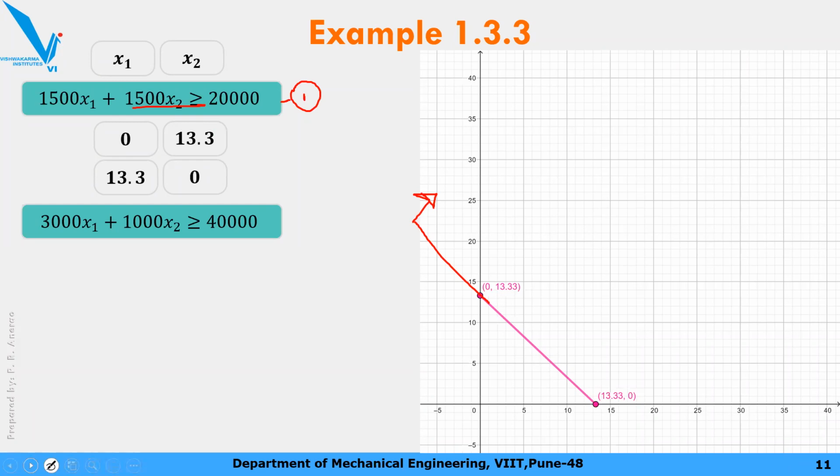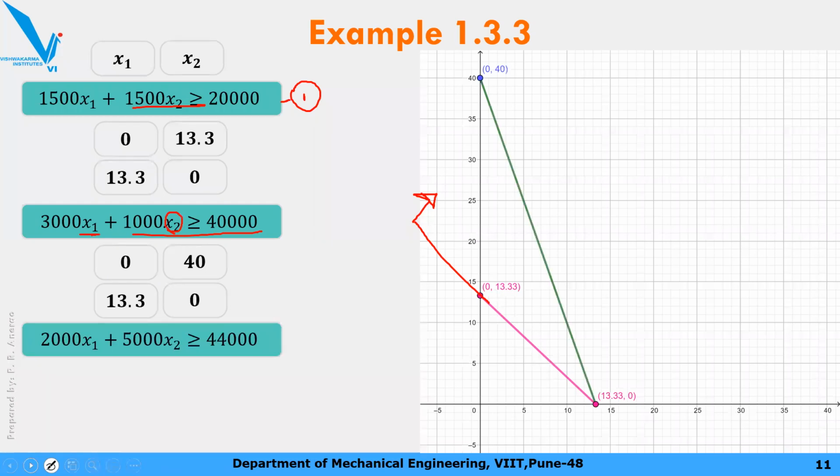Okay, second constraint: if you put x1 0, x2 will be 40. Then you put x2 equal to 0, what will be x1? 40 by 3, that is 13.3. So based on this constraint, you will draw another line, the green one.